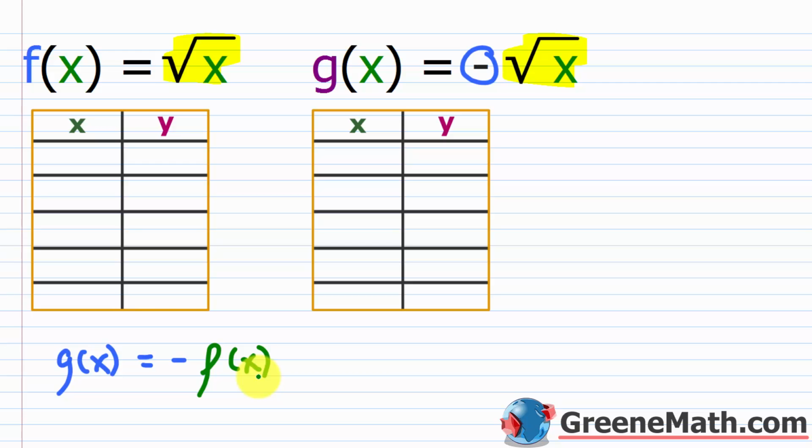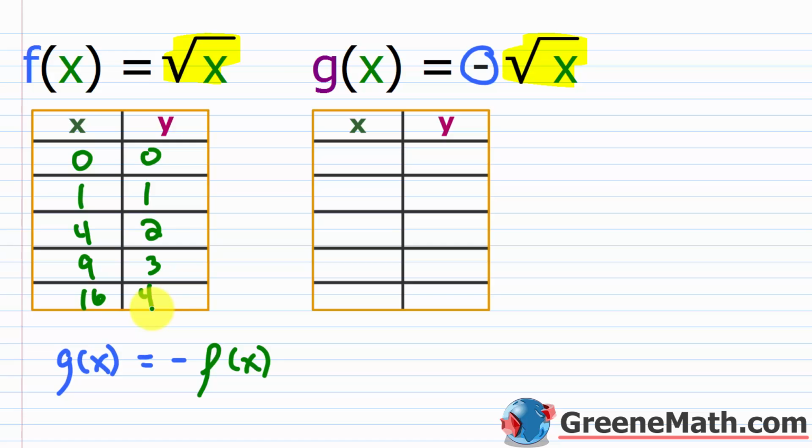Now, how is this negative out in front going to affect or change the graph? Let's make a table of values for each one, and then we can compare the two. We know this was 0, 0, 1, 1, 4, 2, 9, 3, and 16, 4.